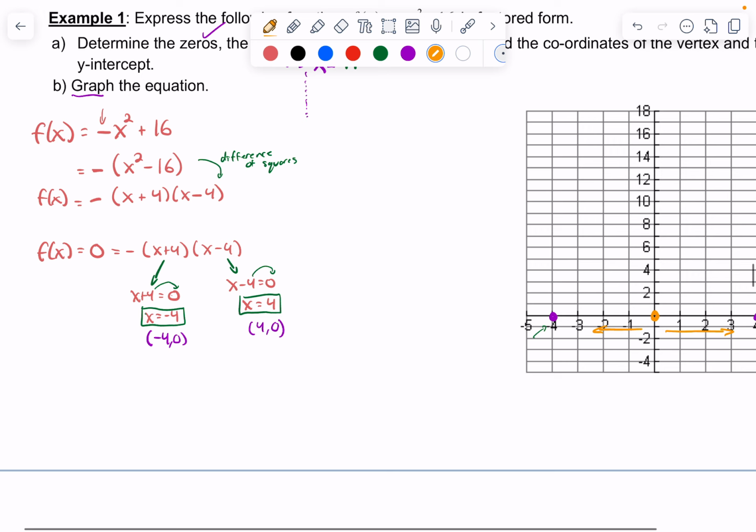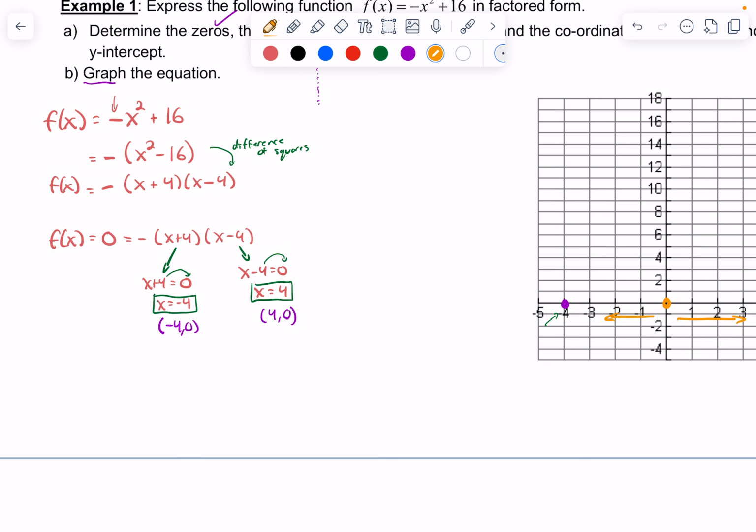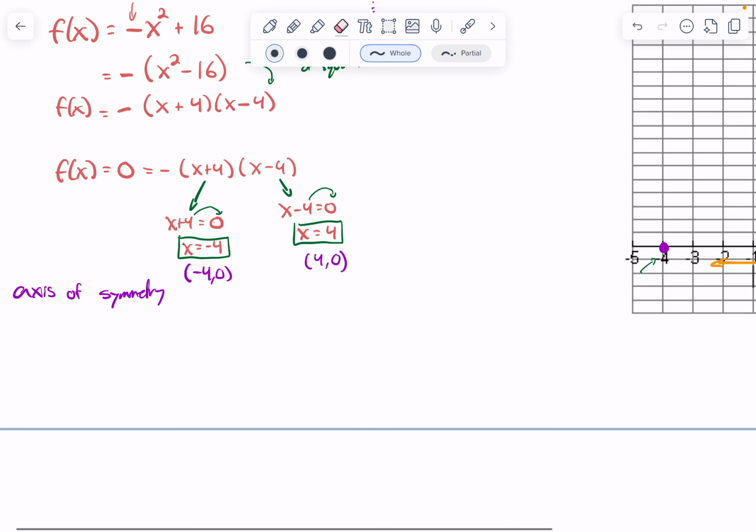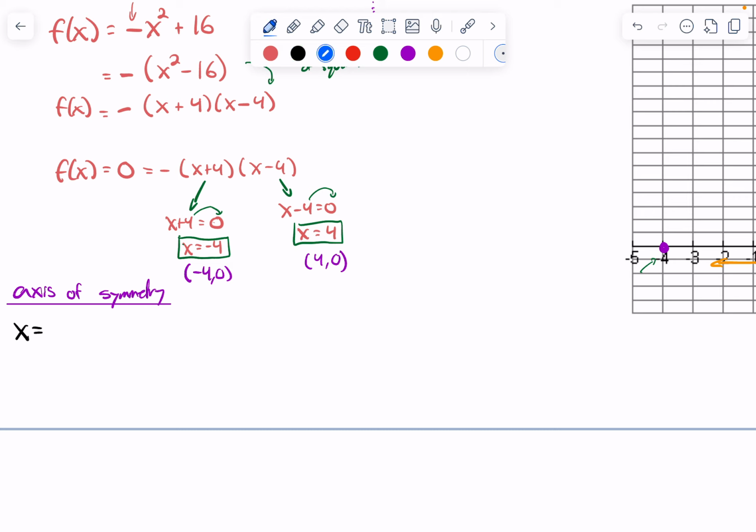Well, let's see if that actually works out to be true. So our formula says, all right, let's find the axis of symmetry. The formula says x equals h, and h is equal to the halfway distance, so dividing by 2, between your two x-intercepts.